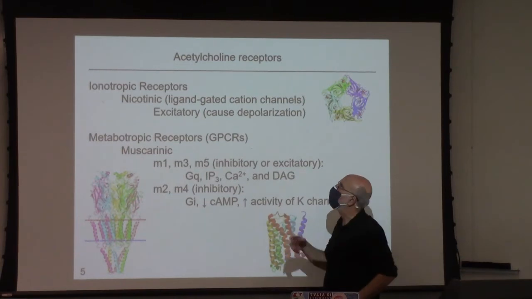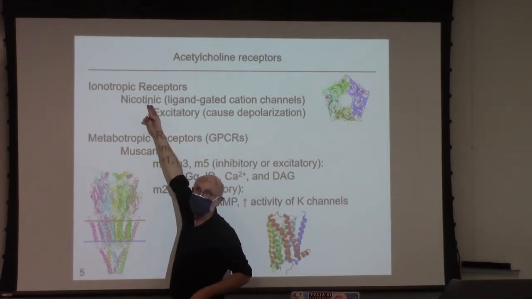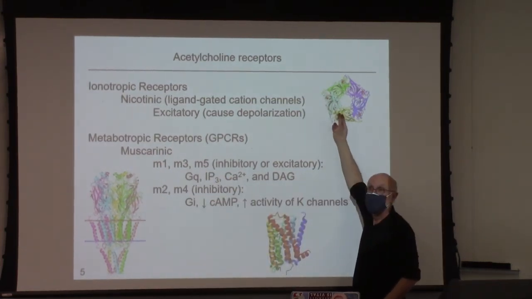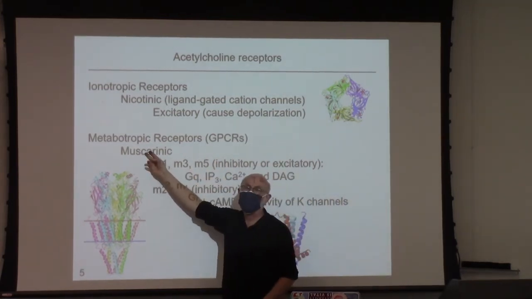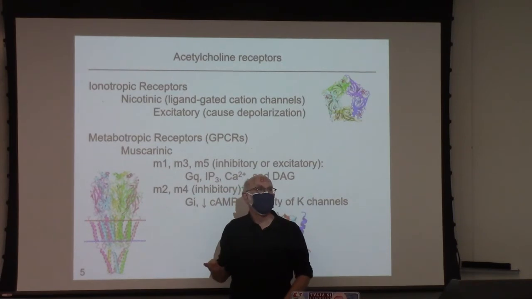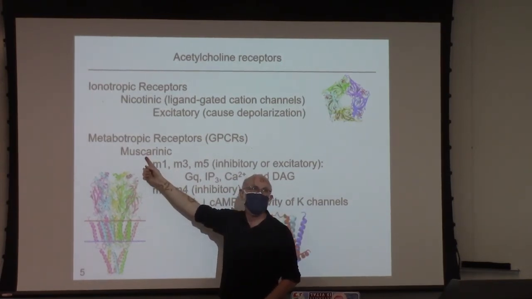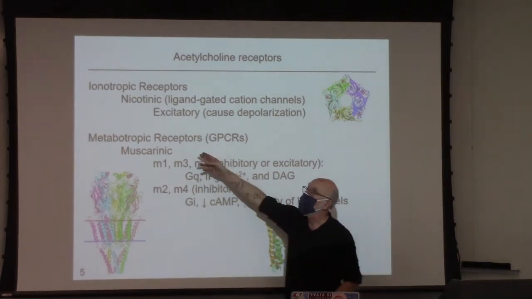Where do these names come from? It comes from pharmacology. Nicotine, the drug you've heard of, activates these receptors. Muscarine is a toxin in mushrooms. When people die of mushroom poisoning, they die because they eat this toxin, and it activates these receptors, muscarinic.